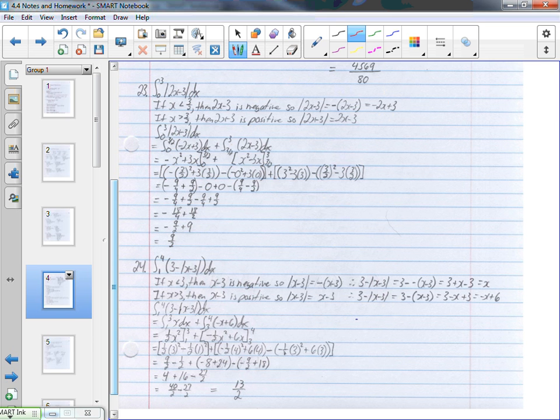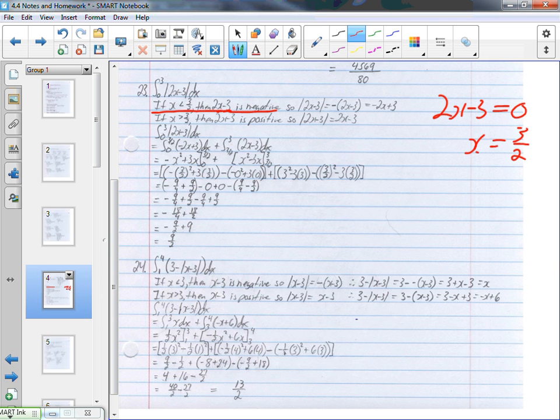But really, it changes the sign if the expression's negative. So if I set 2x minus 3 equal to 0, when I solve that, I get x equals 3 halves. So 3 halves is where the expression can change from positive to negative or negative to positive. So if 0 is less than x and x is less than 3 halves, okay, then what is 2x minus 3? What sign is it? Well, it's negative. How do I know? Just pick a number that's less than 3 halves, like 1.